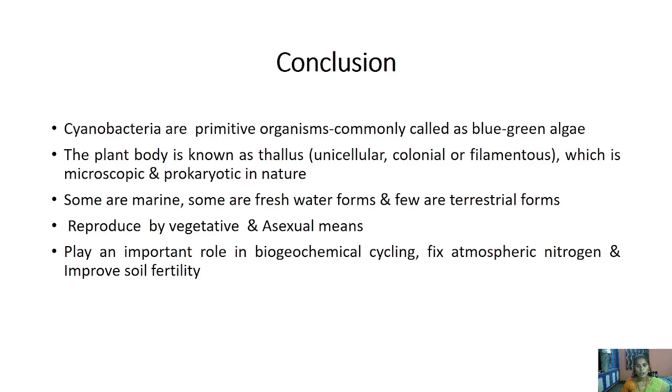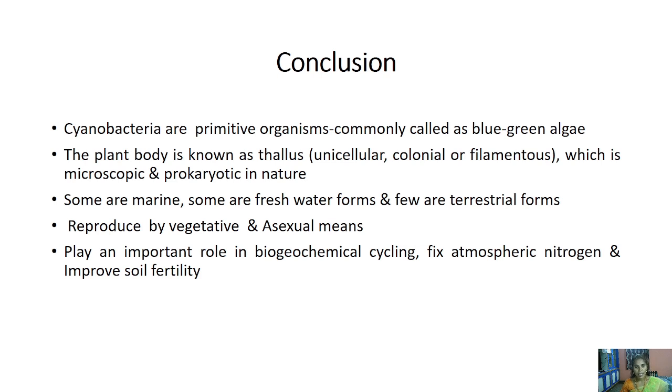With this, I am going to conclude the session by highlighting some of the points which we have studied in the current session, that cyanobacteria are primitive organisms which are prokaryotic in nature and commonly called blue-green algae, whose plant body is called thallus, which is either unicellular, colonial, or filamentous, microscopic and prokaryotic in nature.